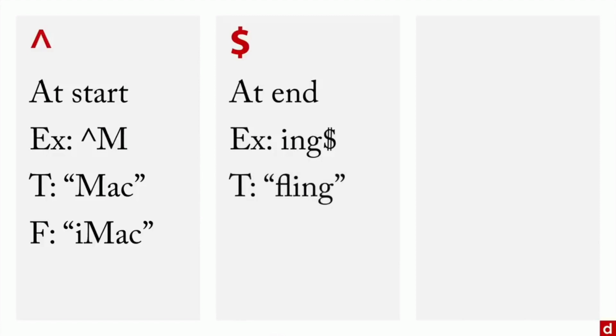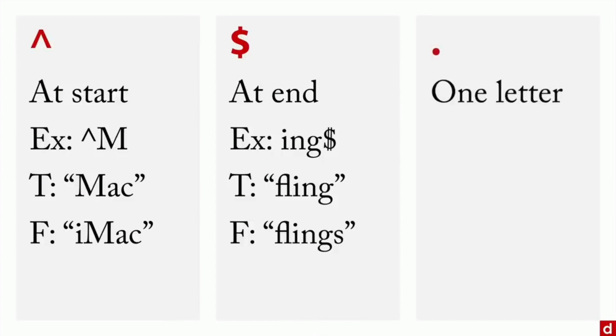The $ means you're looking for something that is at the end of the string. So for example, ing and then $, that'll find the word fling because it ends with ing, but it won't find the word flings because it actually ends with an S. And then the dot, the period, simply means we're looking for one letter, and it can be anything.